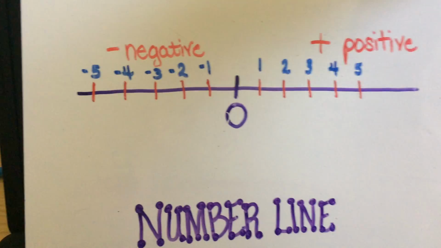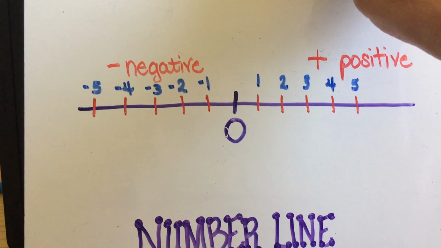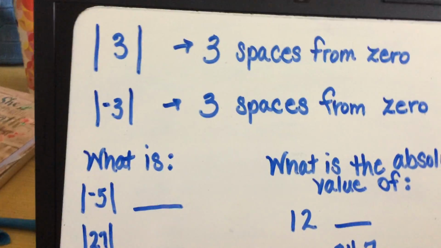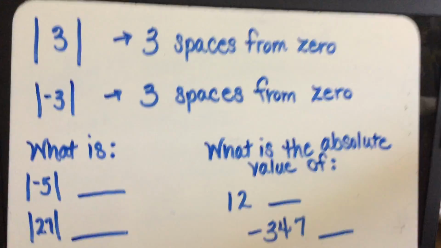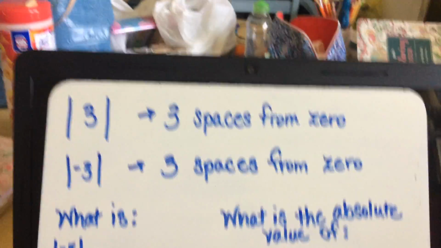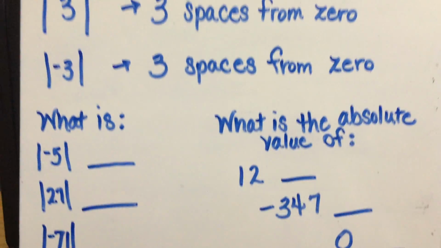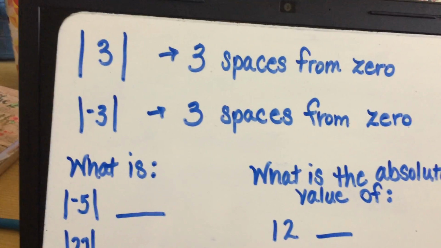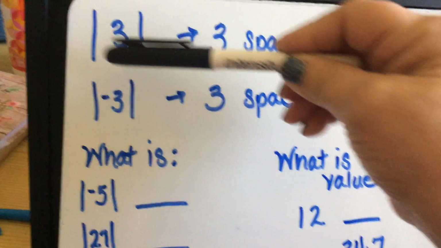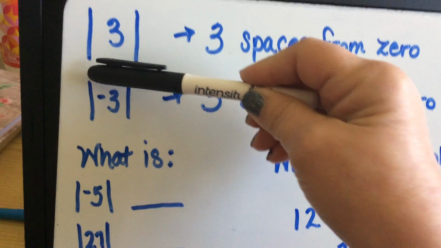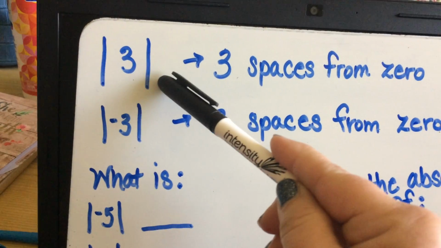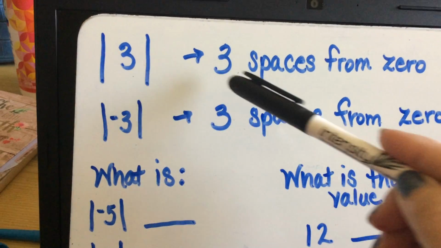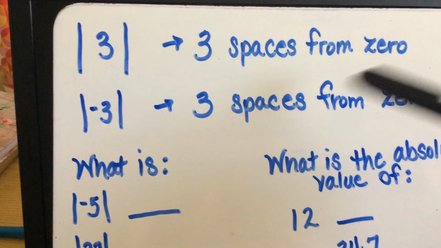Okay, let's talk about absolute value. Absolute value is represented by 2 lines, one written on each side of the number. So the absolute value of 3 is saying that it's 3 spaces from 0.